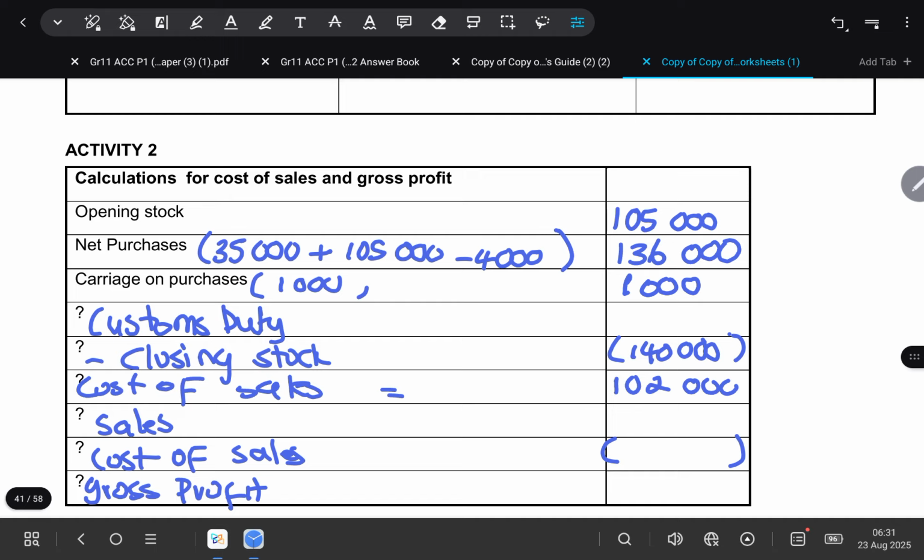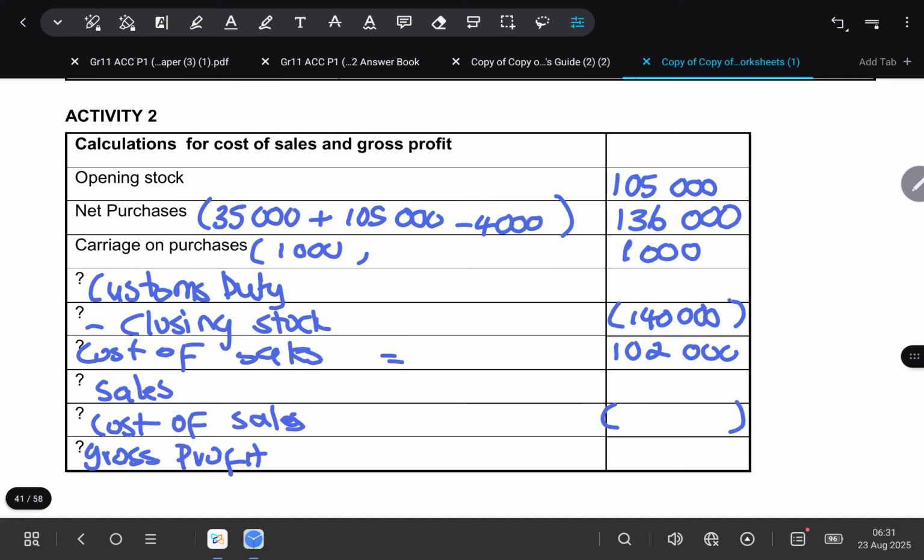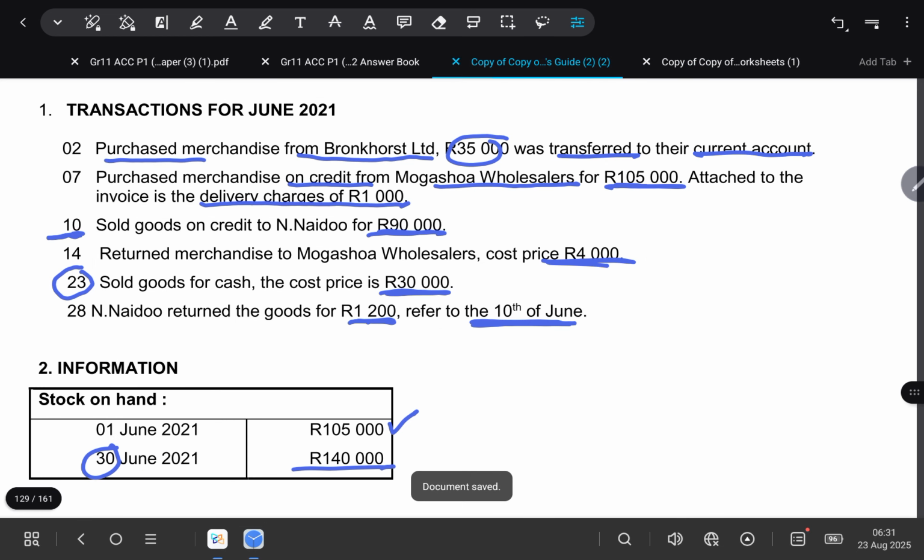But here, guys, remember we are looking at the cost of the goods that have already been sold. Now, because we know that our cost of sales is 102,000, we are going to bring it as it is, getting it from the final answer that we got here. And then you can go back to your transactions and check if there was any return.